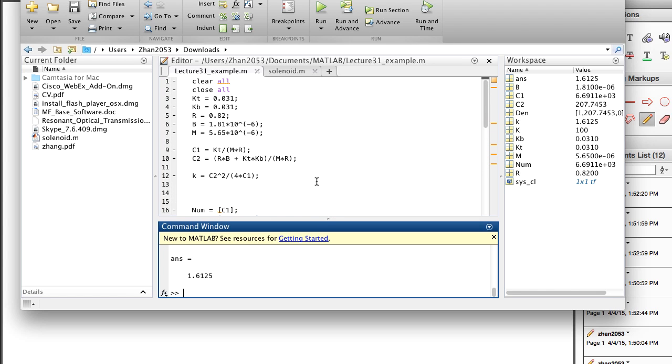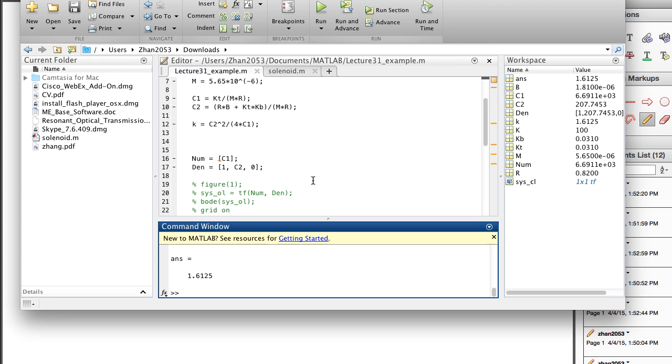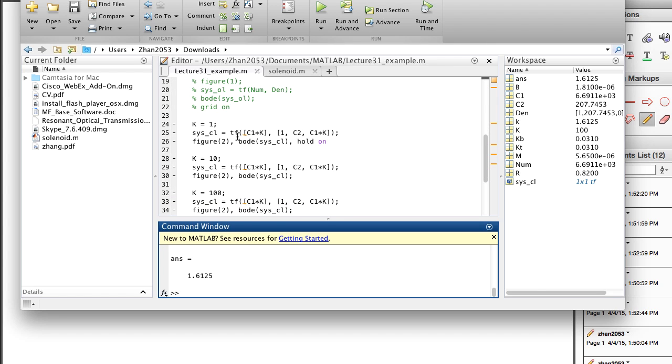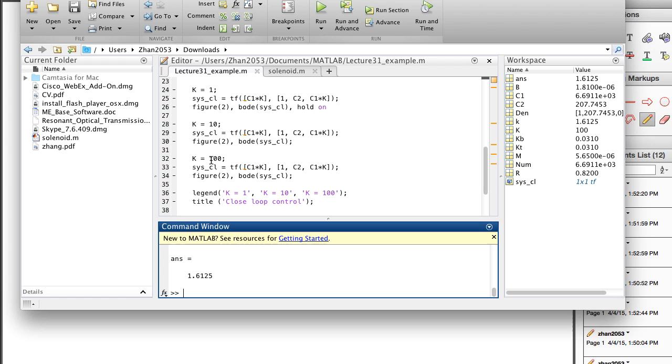As you can see, it's a very simple example. You can compute C1, C2, and then you do the Bode plot. For this situation, we tried three cases: the controller K equal 1, K equal 10, and K equal 100.